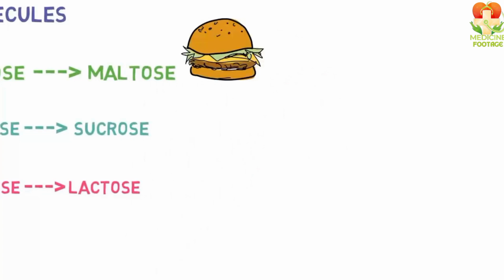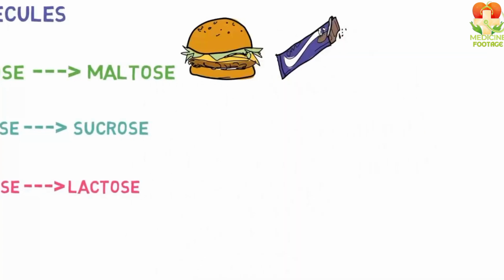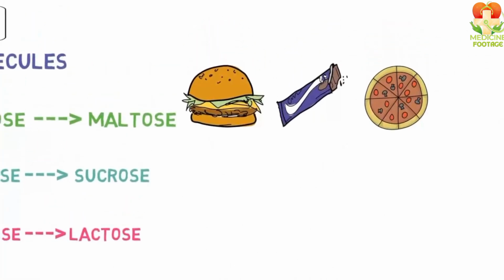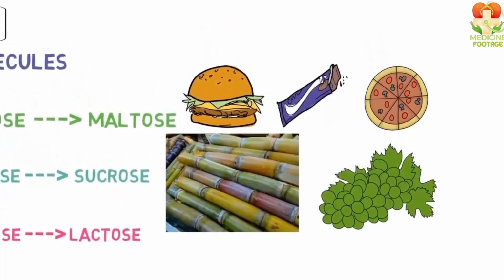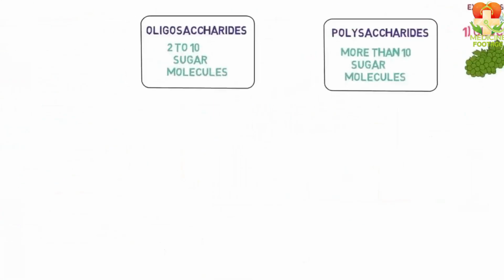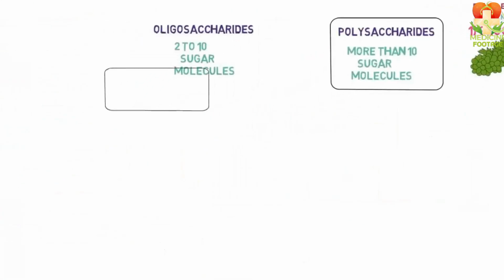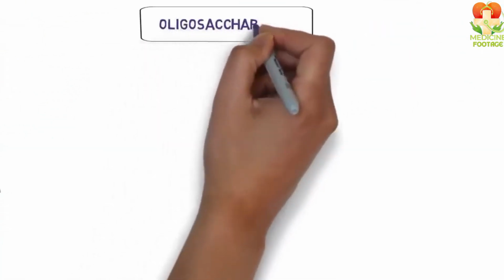Maltose can be found in burgers, chocolates, and pizzas. Sucrose is found in sugarcane and grapes. And lactose is found in milk. Now, let's move on to the third classification of carbohydrates, which is oligosaccharides.